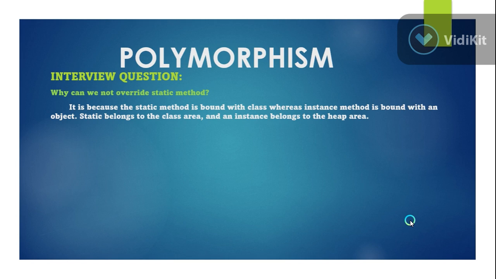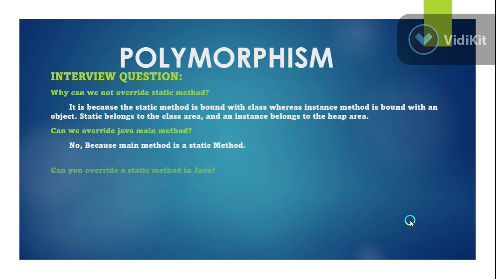Static belongs to the class area and the instance belongs to the heap area. Can we override the main method in Java? No, because the main method is a static method. We can't override it. Static and final methods we can't override in Java.